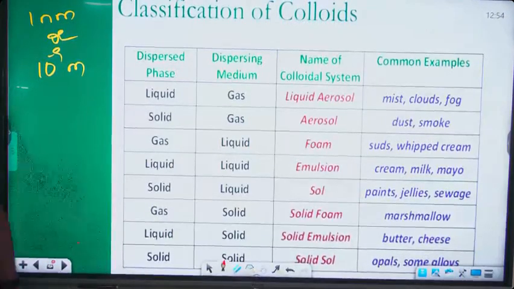Undissolved solid particles of the size 1 nanometer or 10 power minus 9 meters present in a liquid is known as colloid.